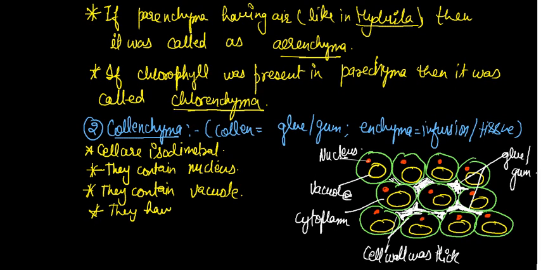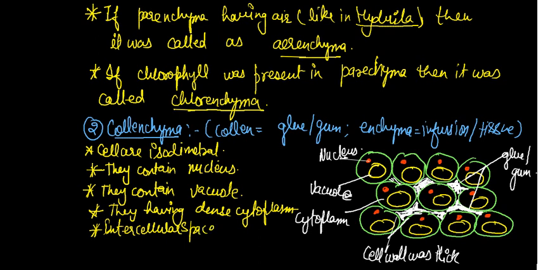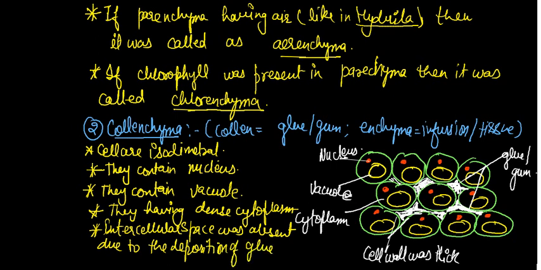Intercellular space was absent due to the deposition of glue or gum. Due to the deposition of glue or gum, the cell wall becomes what?